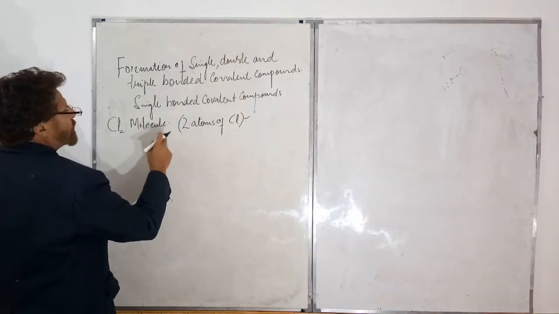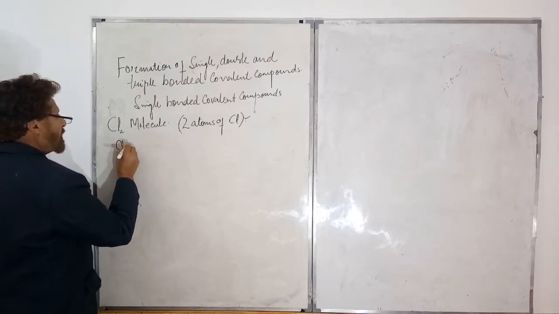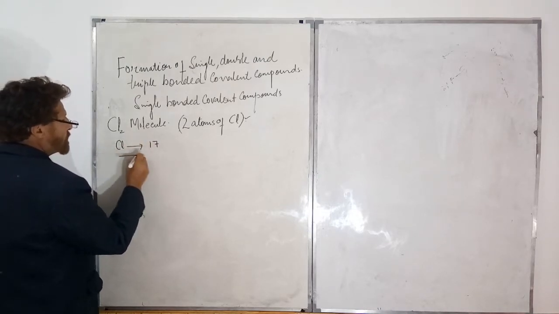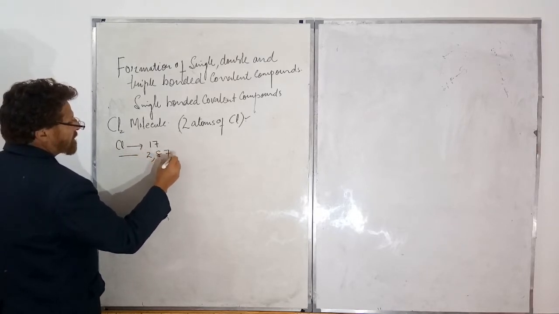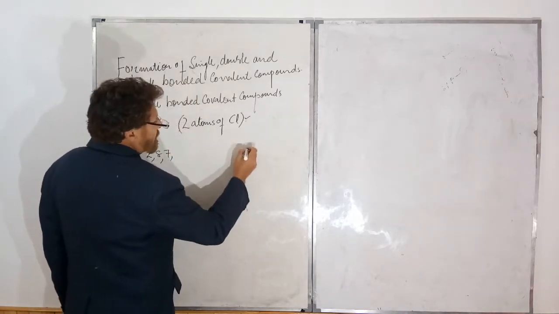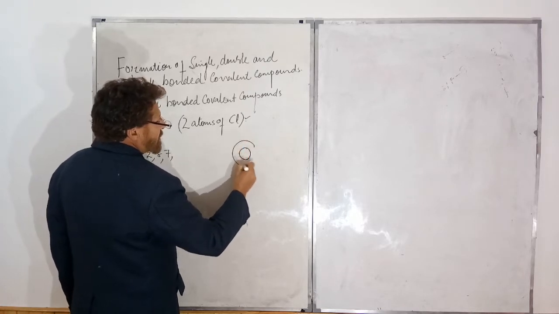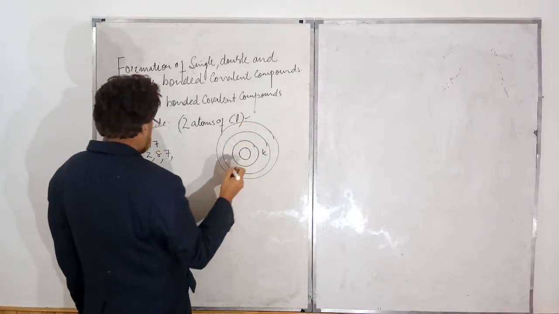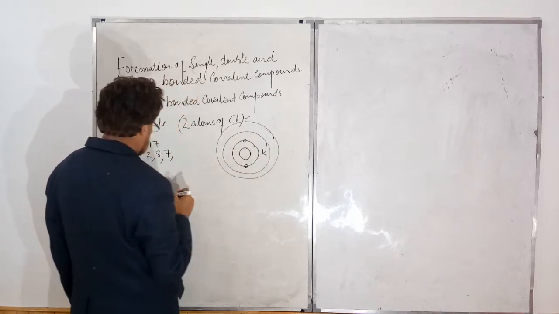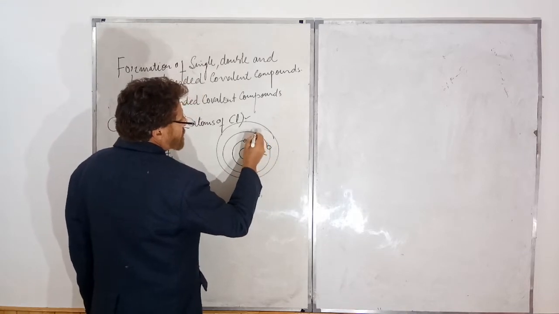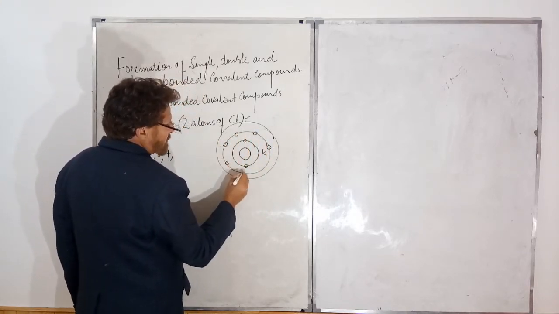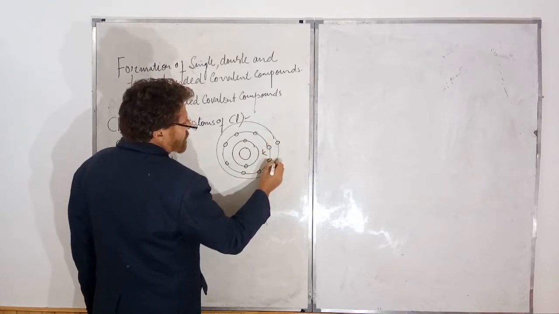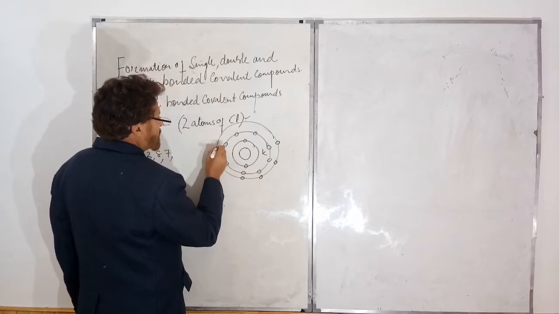According to the electronic theory of valency, chlorine has atomic number 17 and its electronic configuration is 2, 8, 7. Here is its nucleus, this is the K shell, this is L and this is M. The K shell has 2 electrons, the L shell has 8 electrons, while the outermost shell has 7 electrons.